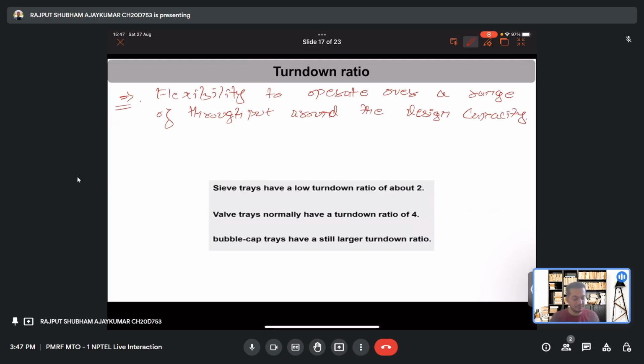Okay, so this flexibility is explained in terms of the turn down ratio, and for different types of trays, the sieve tray, valve tray, and bubble cap trays have a turn-down ratio of about 2, 4, and a still larger turn-down ratio. So it is preferable to go for sieve trays or the valve trays, which are also known as proprietary trays, because with bubble cap trays there will be pressure buildup leading to the detrimental conditions already seen like flooding, entrainment, weeping, dumping, etc.